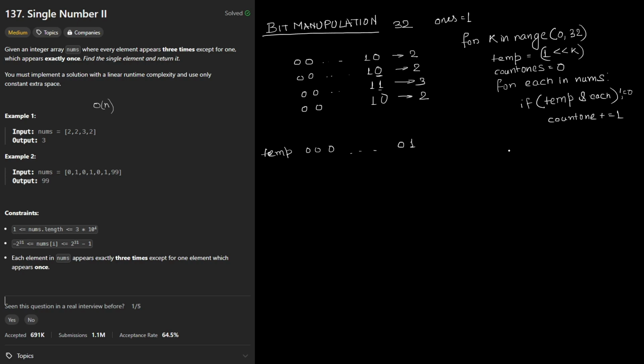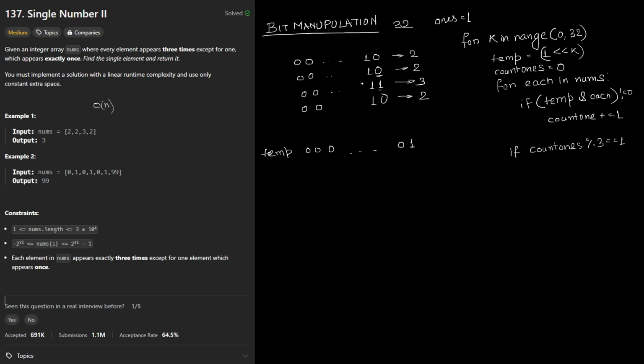Now I'm going to check if count ones percentage 3 equal to 1, because we know all the elements are going to appear thrice except for one. So I need to find the bit which is not divisible by 3.